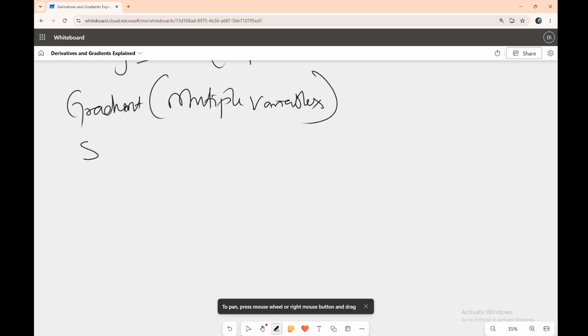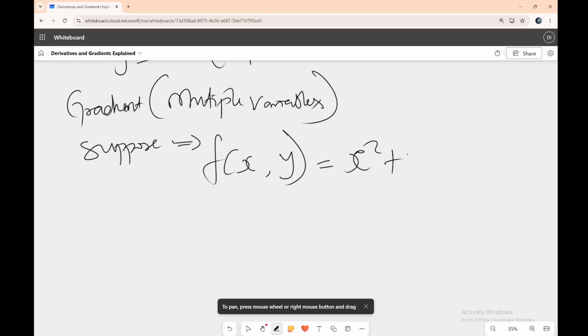Let's suppose that I have f of x, y, let me write that properly. f of x, y, because it contains two variables, equals x plus y squared.